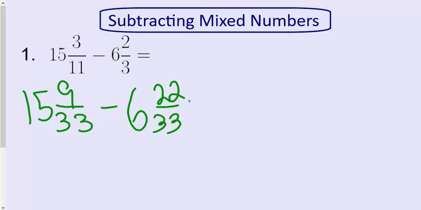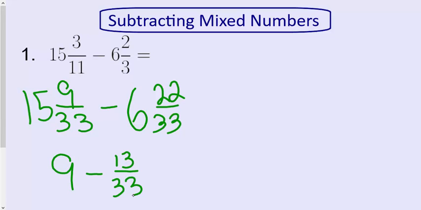Okay, I'm going to subtract my whole numbers from each other. 15 minus 6 is equal to 9. And now I want to subtract the fractions from each other. 9/33 minus 22/33 is negative 13/33.